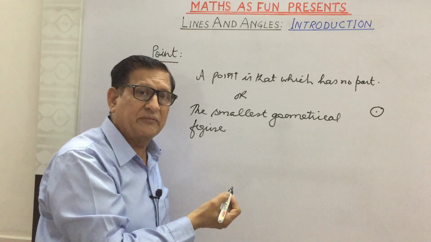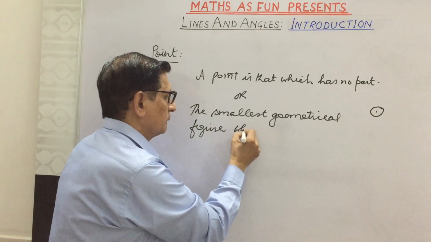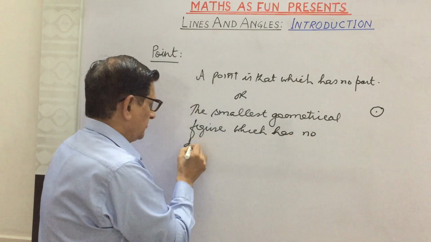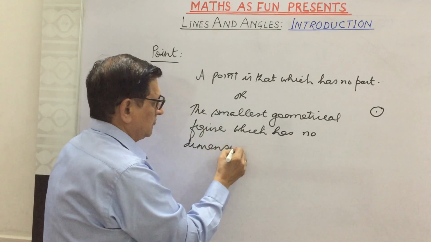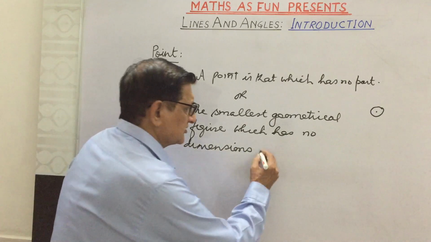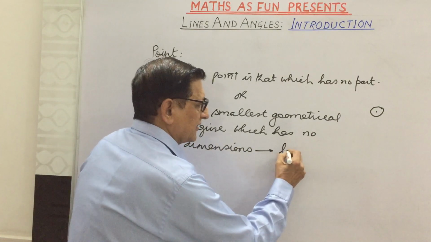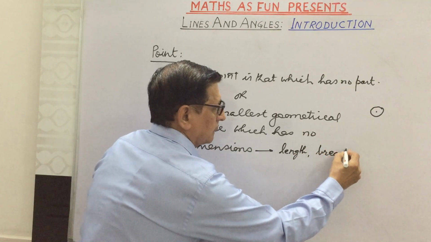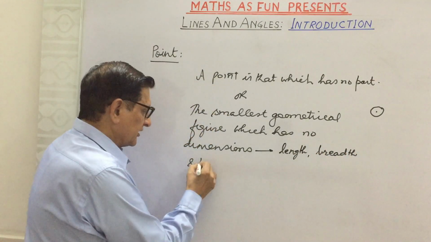which has no dimensions. Dimension means length, breadth, and thickness.